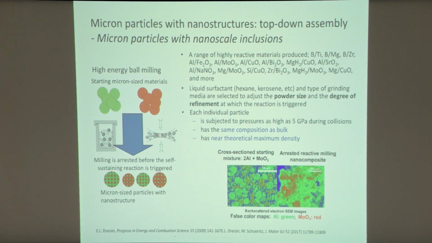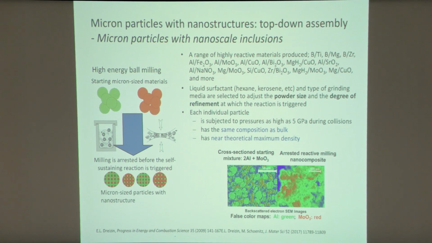Sort of a top-down, the approaches I showed you were more bottom-up approaches. People have also looked at top-down approaches, where I start out with large materials to try to make materials that are at the mesoscale with nano features. An example of this is using basically high-energy ball milling, where I might put in the two materials I want to look at, say aluminum and nickel or aluminum and iron oxide.